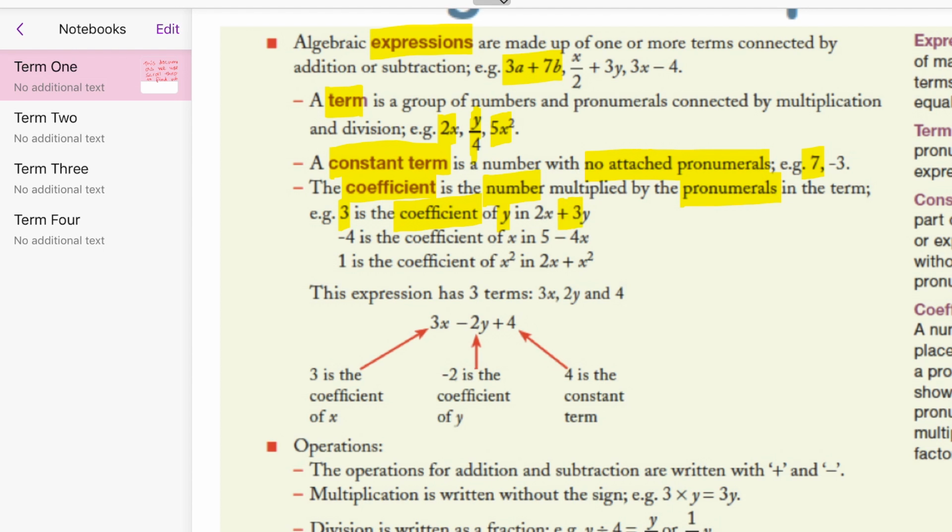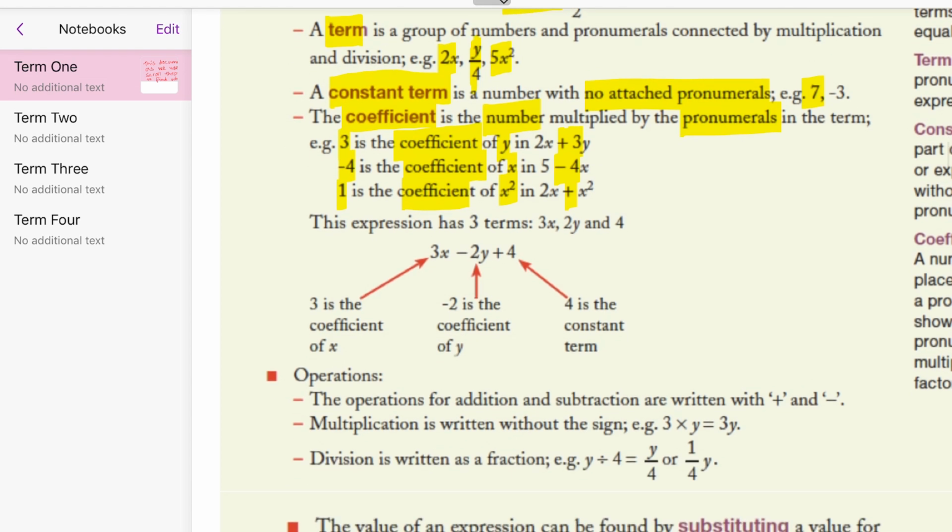So it's that number that's in front of the y and it's a +3. -4 is the coefficient of x because it's -4 that's in front of the x, so that's the coefficient. 1 is the coefficient of x squared. Notice there's just a plus. We have that imaginary 1. We don't write the 1 in our algebra here, so it's that imaginary 1 that's in front of the x squared. That's why the coefficient is +1.